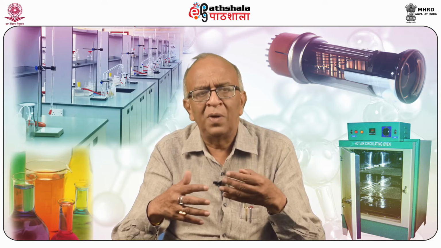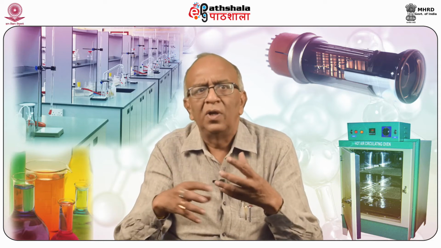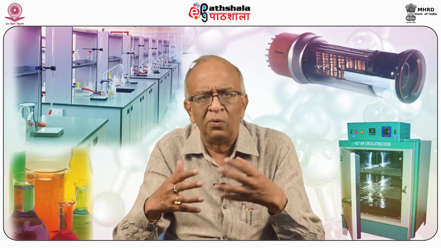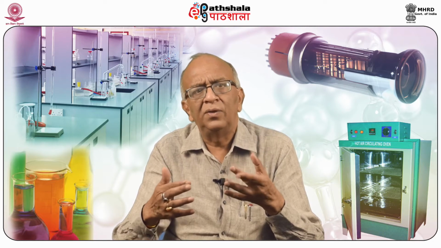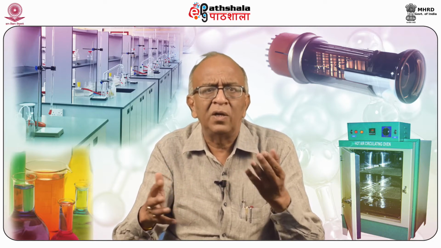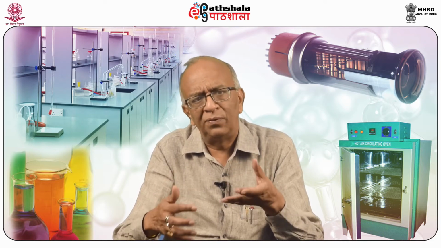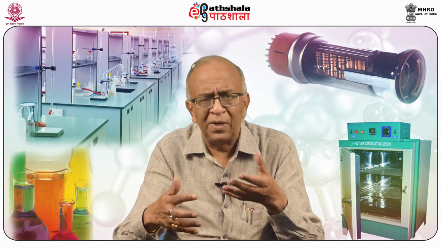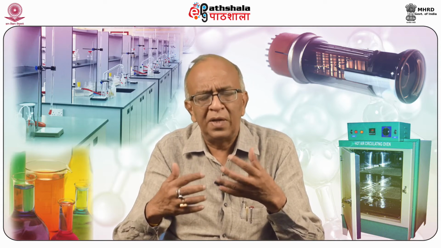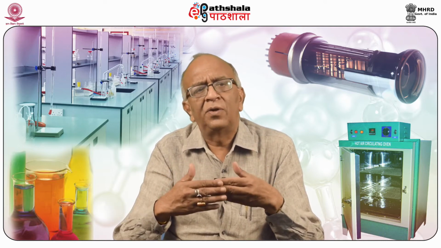By the measurement of that decrease in intensity, we measure the concentration of the unknown substance; or we can say the decrease in intensity is directly proportional to the concentration of the unknown substance. This is done by calibrating the instrument and by taking a monochromatic radiation of light.